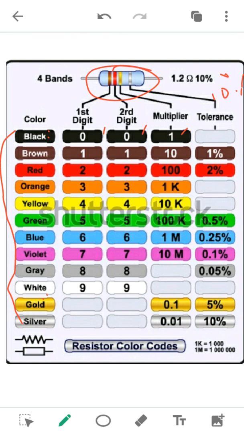So there are certain symbols to draw a resistor or resistance in a circuit diagram. Here the zigzag gives the fixed resistance, and the box gives the variable resistance. What is meant by fixed?